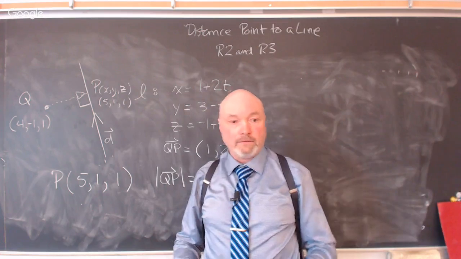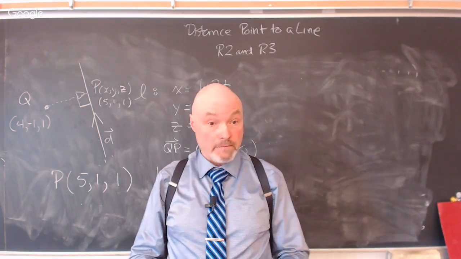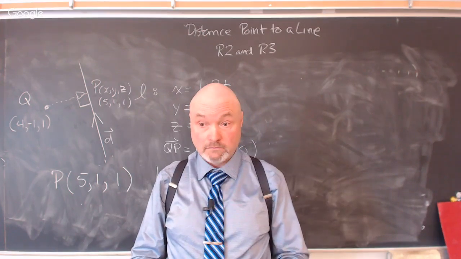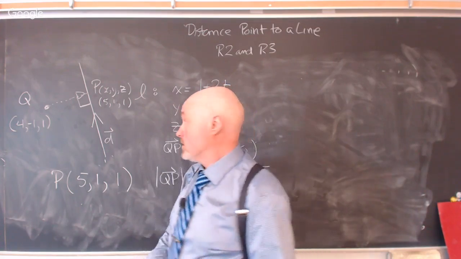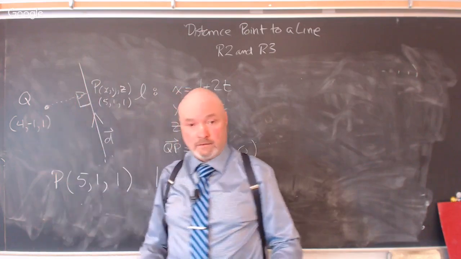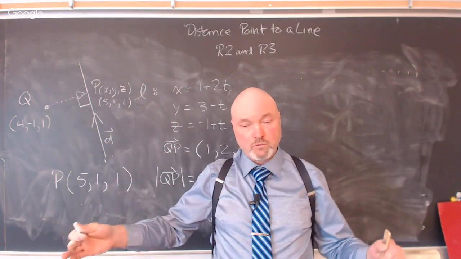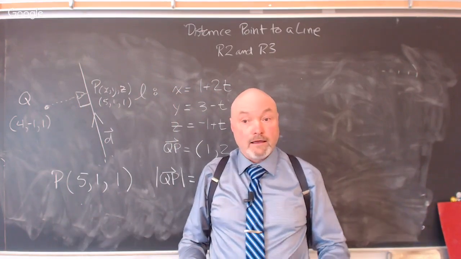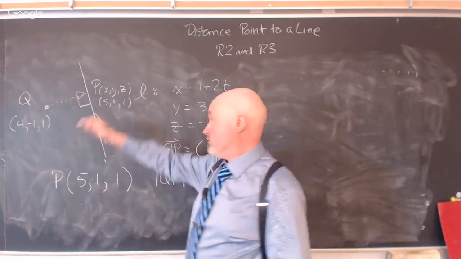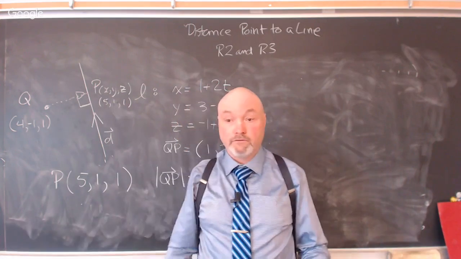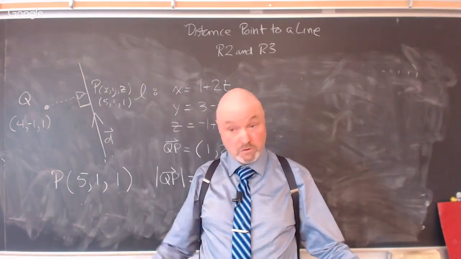So we did that by taking our parametric equation of the line, just trying to figure out what the value of t was. It was going to give us the point that was perpendicular between QP and the line. And then finding out what t was, plopping t in to find out what the point was, and then figuring out how long that vector was, okay?